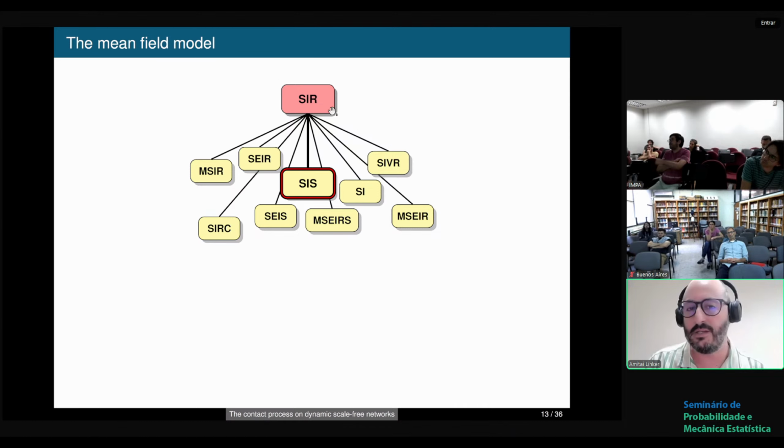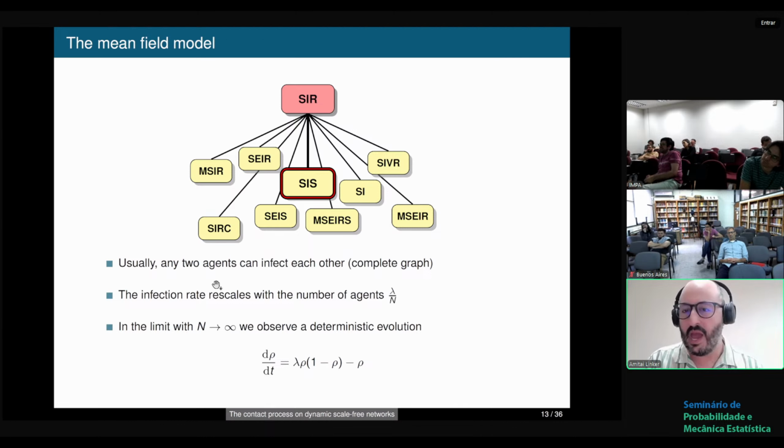The SIR is the most famous one, the one that started everything, and then you have a lot of variations. And the SIS, the susceptible infected susceptible process, is the one associated to the contact process. Okay, so in these mean field models, two agents can infect each other at any time, right? So there's no geometry, so we think of the process running on the complete graph.